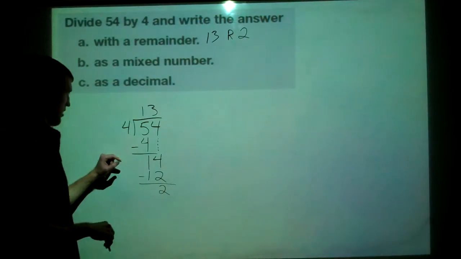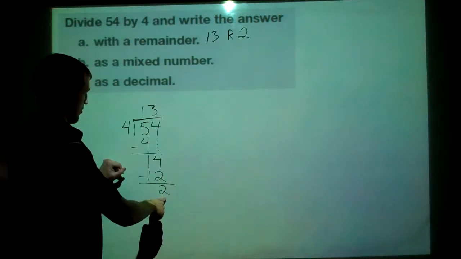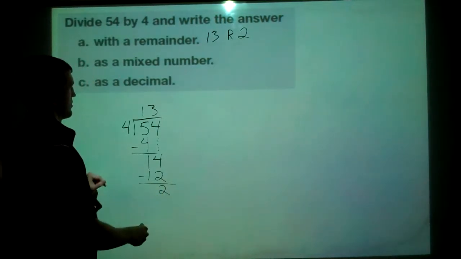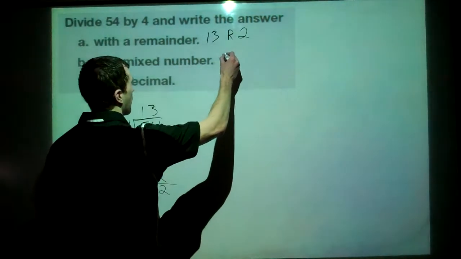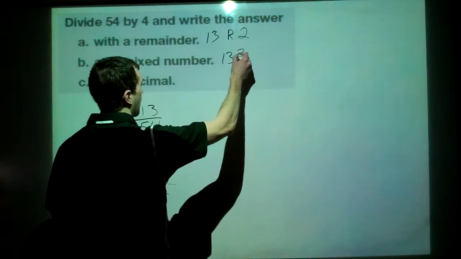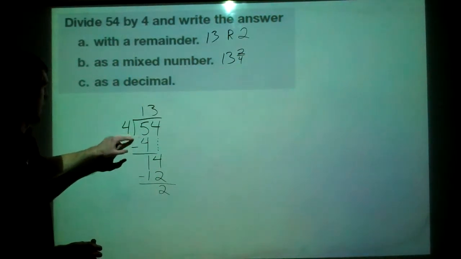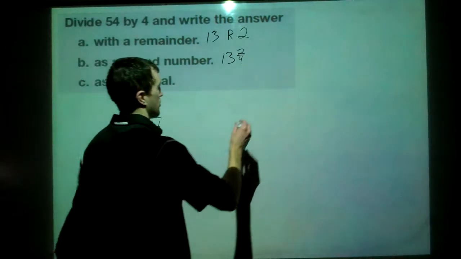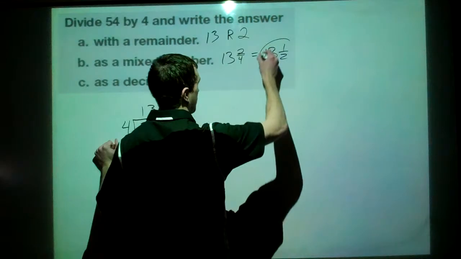So 13 with a remainder of 2, we could put the 2 over the 4. So 13 and 2/4. So taking our remainder, putting it over the thing that's dividing our number, and 2/4 reduces to 1/2, so 13 and 1/2.